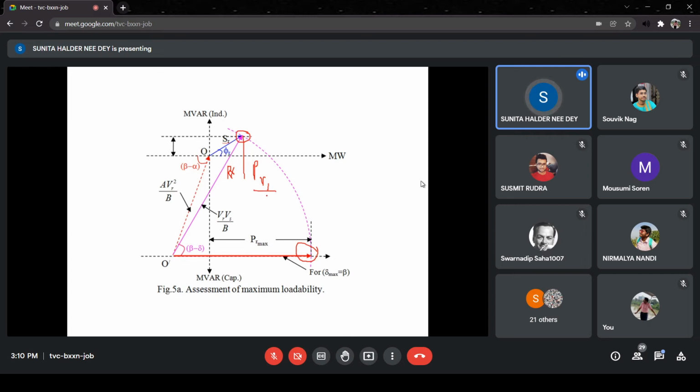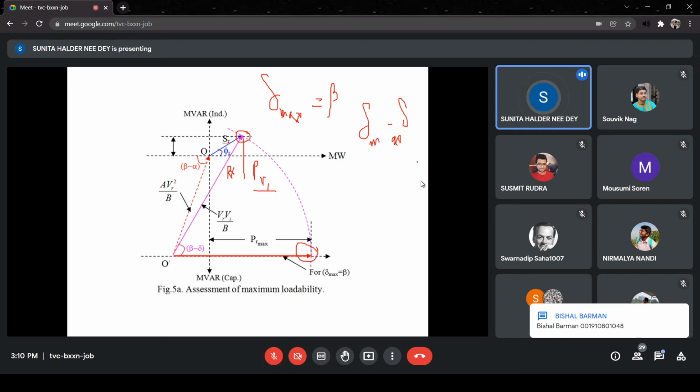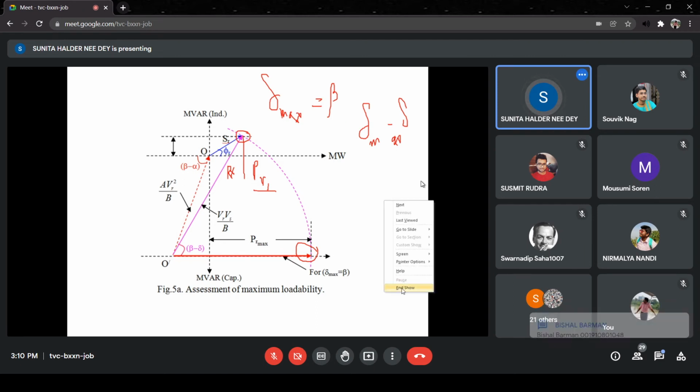Or in terms of delta, the maximum delta possible is equal to beta. So loadability is delta max minus delta. That means how much load you can further give to the transmission line, right? In this way we can assess the loadability.